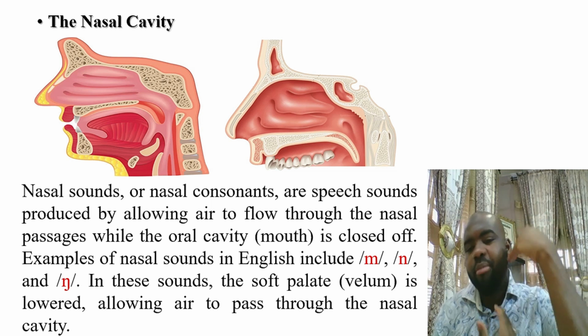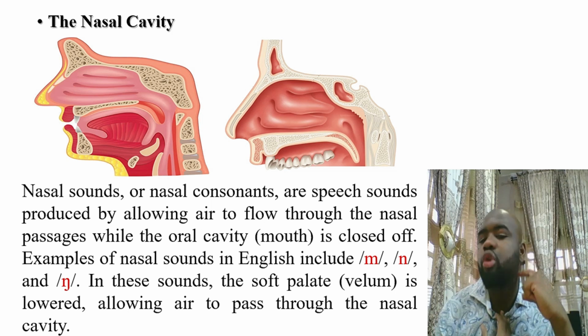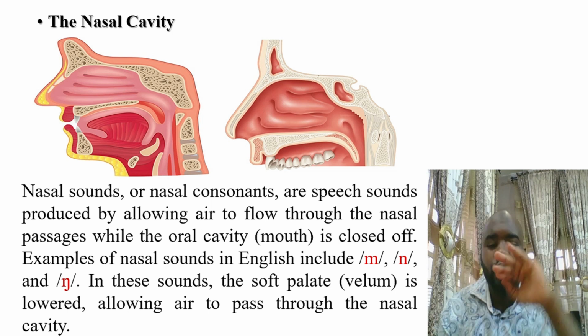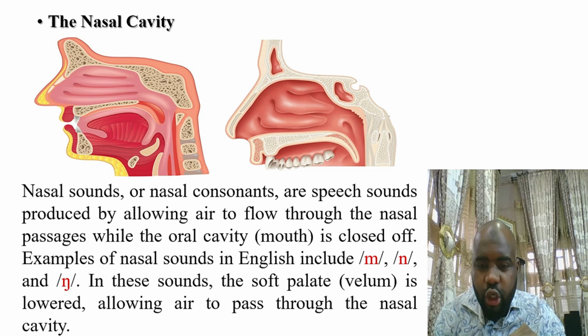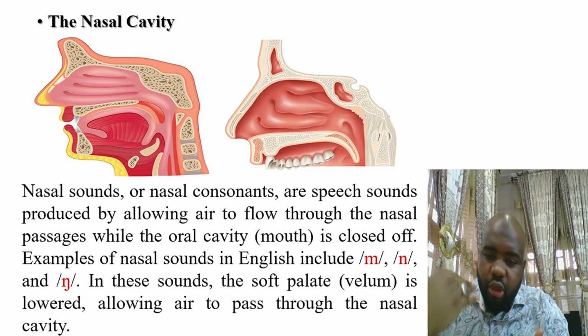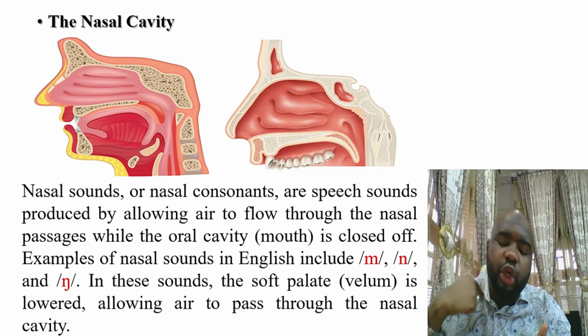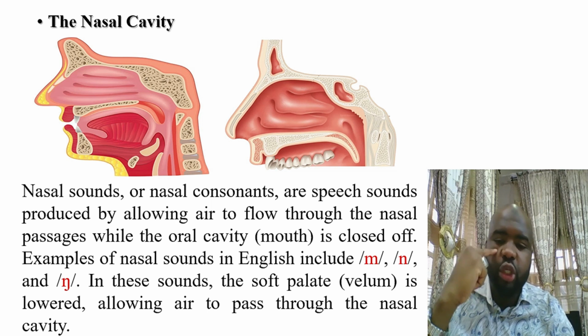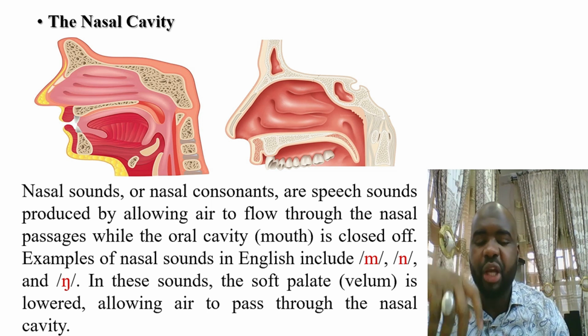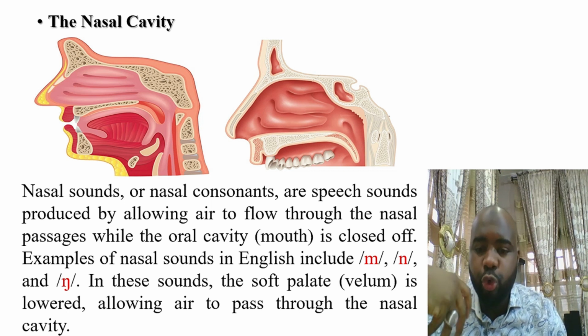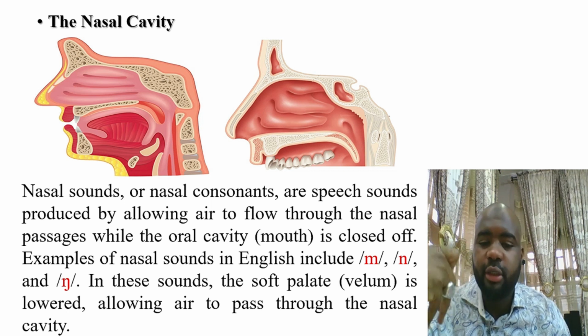So the back of the mouth gets closed, it gets lowered, so that instead of coming through the mouth, the air goes up into the nose and produces sounds like ma as in man, nose, and king.